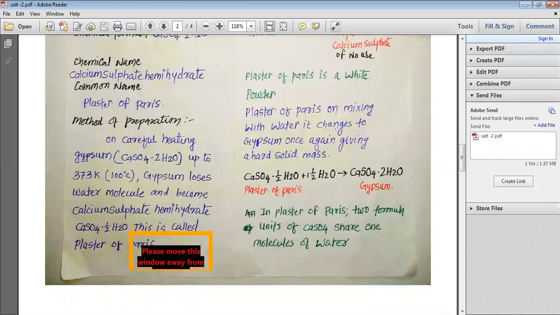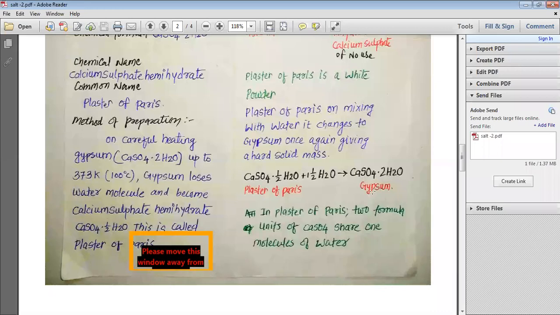Plaster of Paris, on mixing with water, changes to gypsum once again, giving a solid hard mass. So this is how plaster of Paris is useful. When plaster of Paris is mixed with water, it turns into gypsum. For that we can write the chemical equation: CaSO4 into 1/2 H2O plus 1.5 H2O gives us CaSO4 into 2 H2O.